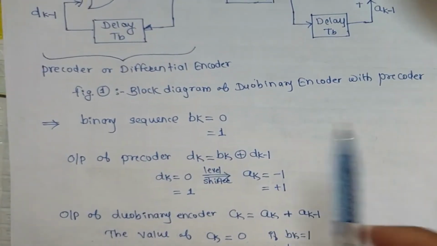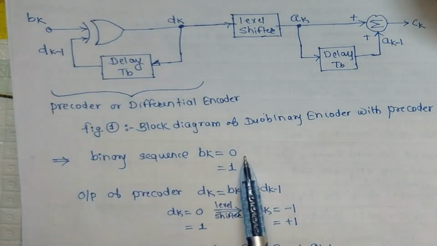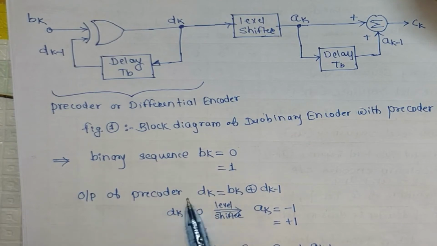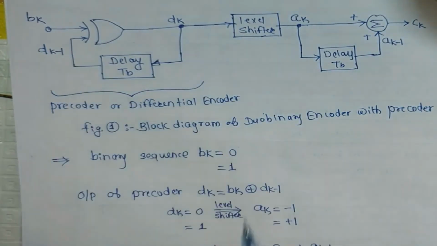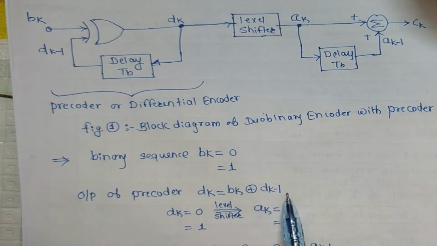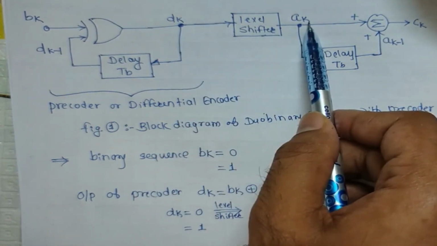The binary sequence which we have applied here, bk, is either 0 or 1. Now the output of the precoder, meaning dk. So dk is equal to what? This bk XOR with dk-1, which we have written here, bk XOR with dk-1. Now this dk is passing through the level shifter, we will get ak.